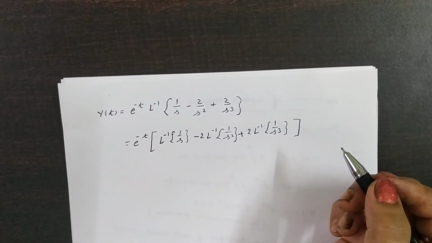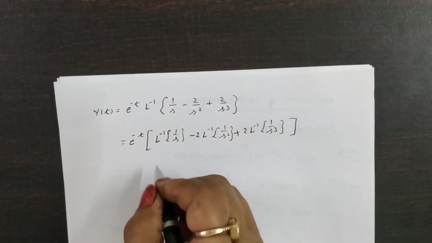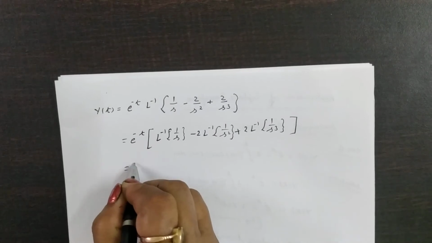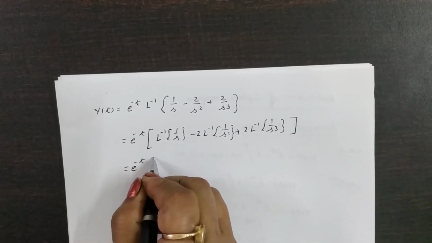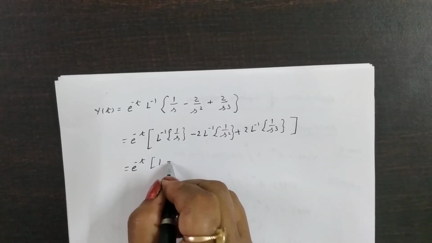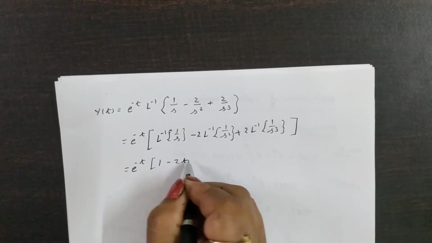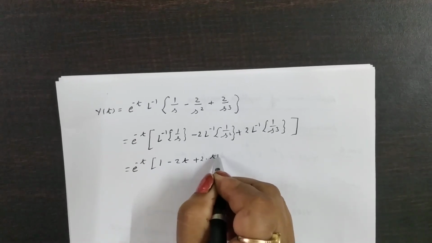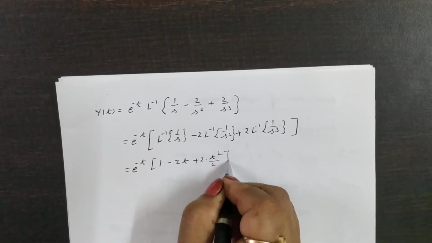You know the Laplace inverse of 1/s^(n+1) is t^n/n!, so this gives e^(-t) times (1 - 2t + 2 t²/2). Yes, clear?